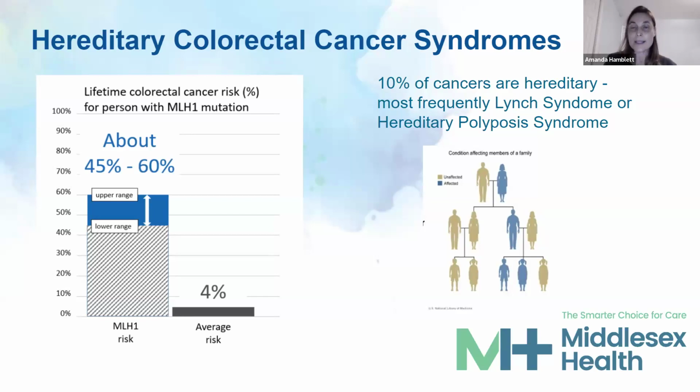Interestingly, this means that some family members will actually have the high risk, while other family members will have average risk. So if we look at the family to the right, you can see at the top there's a couple, and the father is kind of a tan color and the mother is a bluish gray color.